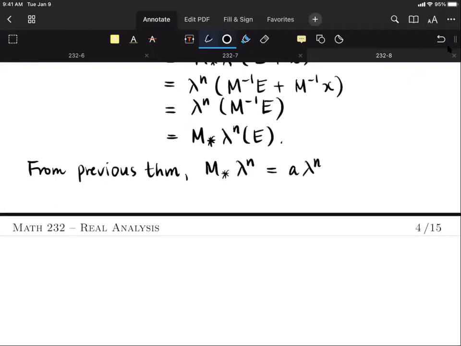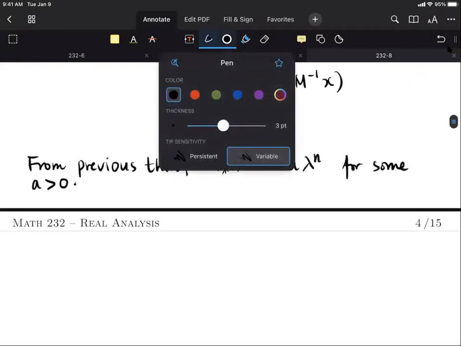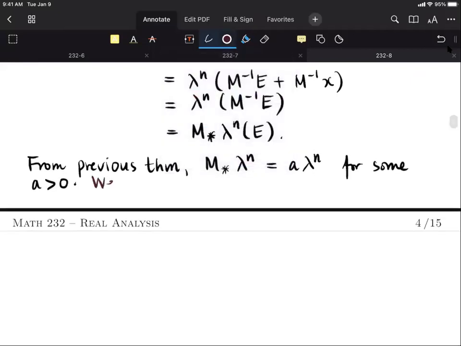So again, a translation invariant measure on the Borel sets in Rn must be a multiple of the Lebesgue-Borel measure, so for some positive number A. We claim that A is the absolute value of the determinant of M.